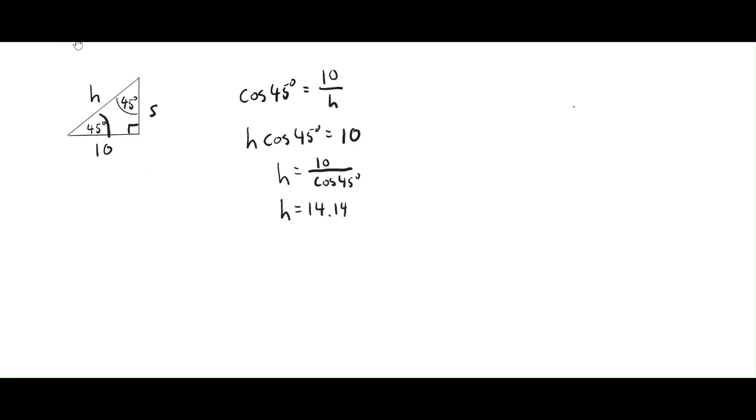Now that we have h, we could use the Pythagorean theorem. We could also use a different trigonometric function. Let's just do that Pythagorean theorem way again. So we have s squared plus 10 squared equals 14.14 squared. And s squared equals 14.14 squared minus 10 squared. Let's find what this is on the calculator.